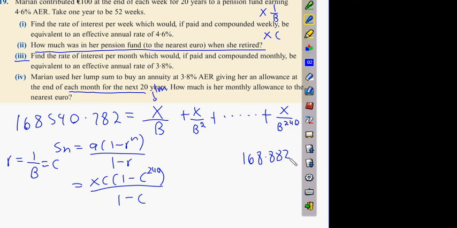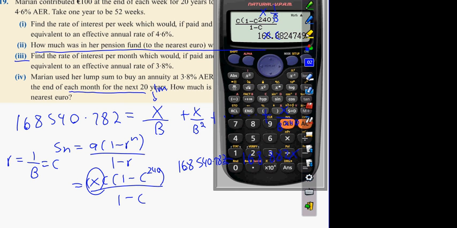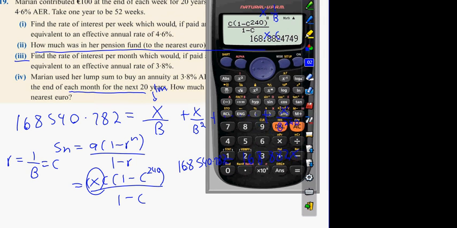168.882 multiplied by our x value will give us this big number here, the 168,540.782. I'm going to get that number there, and I'm going to divide it by the other one. I'm going to move my calculator.